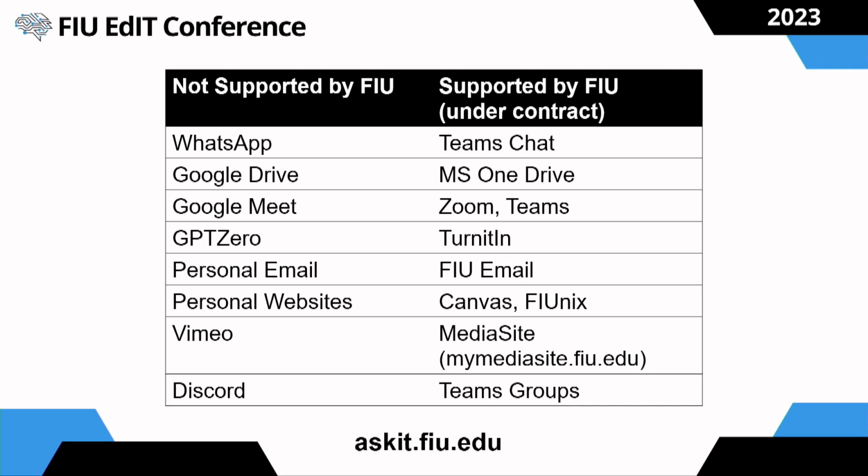I know GPT-0 has come up. It looks like Canvas is going to be doing a deal with them, so that could become more moving over into the right column. So just keep in mind, is this a supported tool? Is it not a supported tool? It should be pretty obvious, right? And you can go to Ask IT and look at the list of tools that we have. All right, next slide.